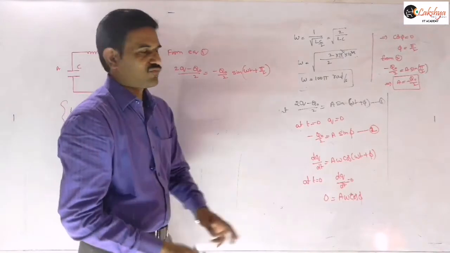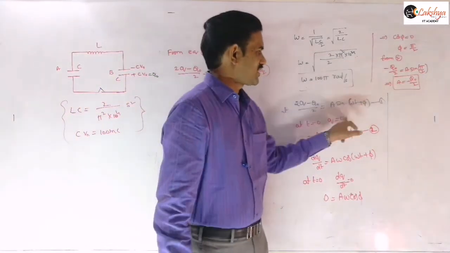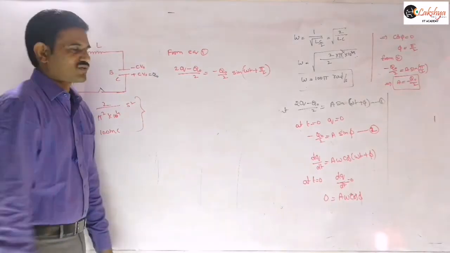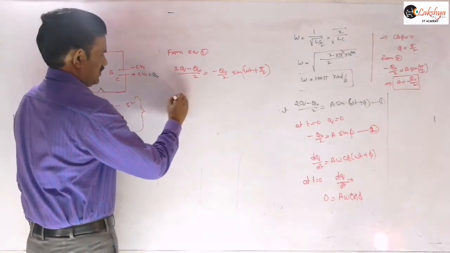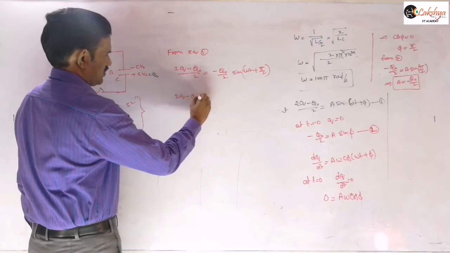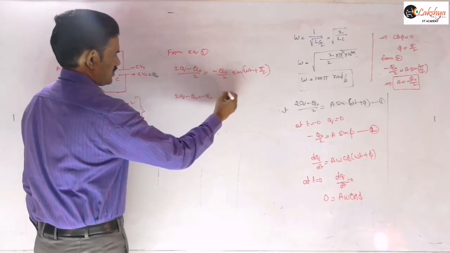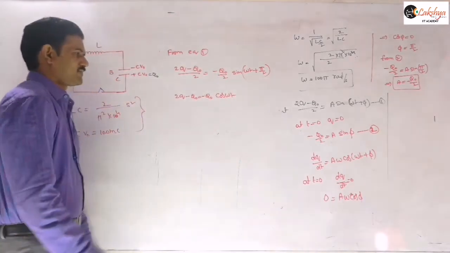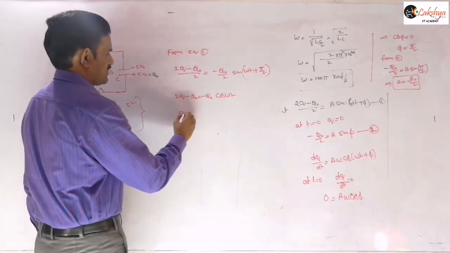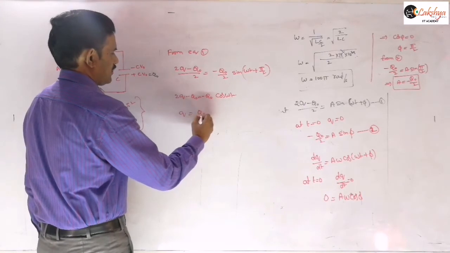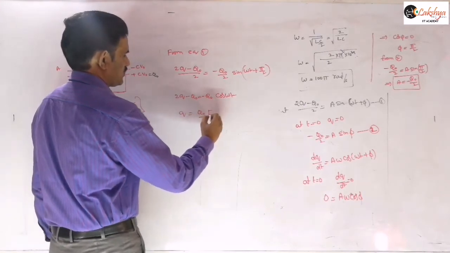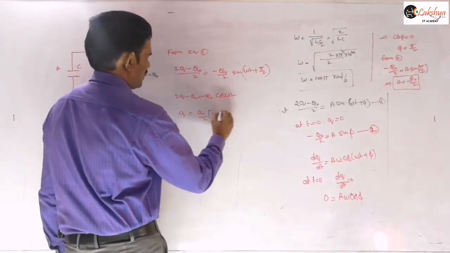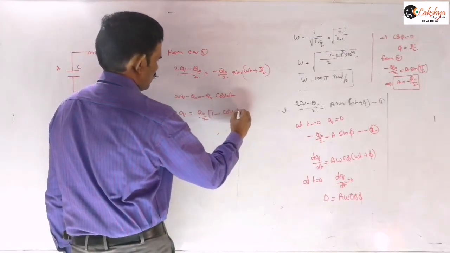Is it clear? The known values, that means all values which we calculated, I am just substituting in that equation. So we need to write that q expression from this. And so then 2q minus q naught is equal to minus q naught into cos omega t. And therefore this q is equal to q naught by 2 into 1 minus cos omega t you will get.